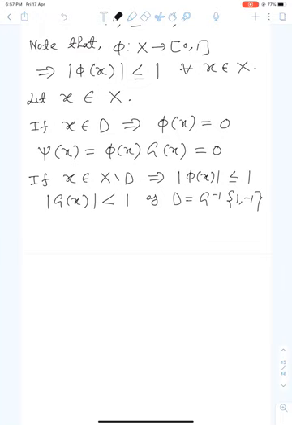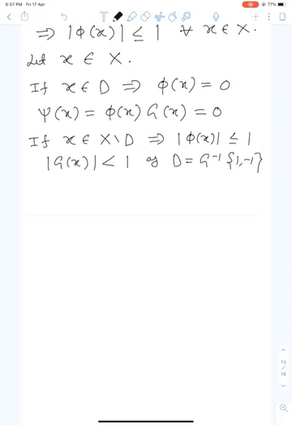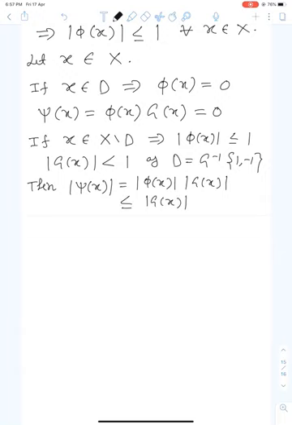So what is the only possibility? The only possibility is g(x) lies between -1 and 1, that is the open interval (-1, 1). Right? Now then mod of psi(x), which is just mod of phi(x) times mod of g(x), is less than or equal to mod of g(x), which is strictly less than 1. Right?